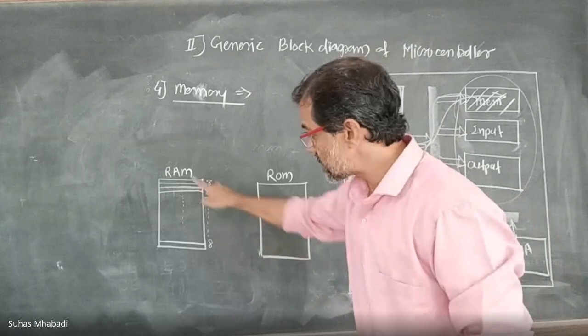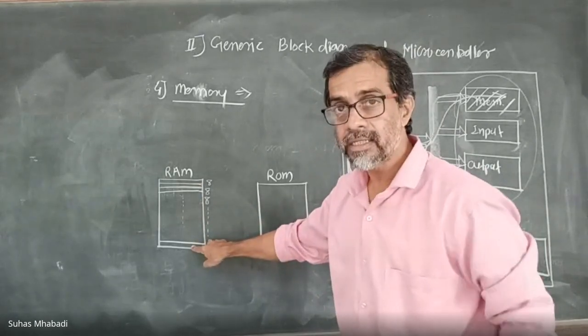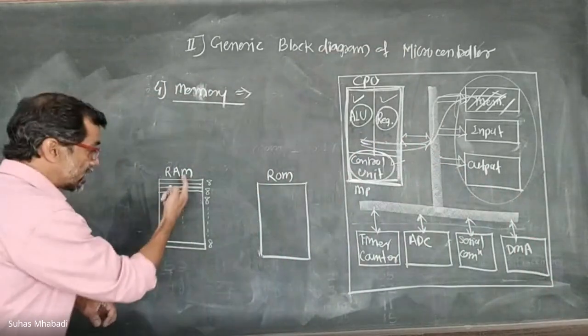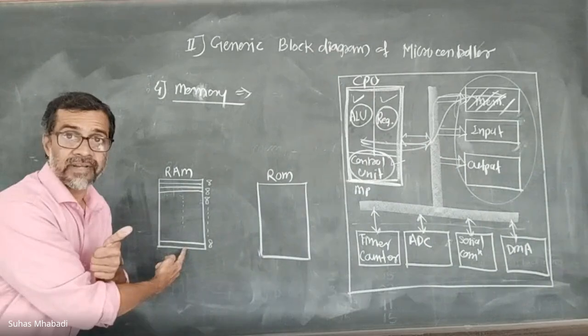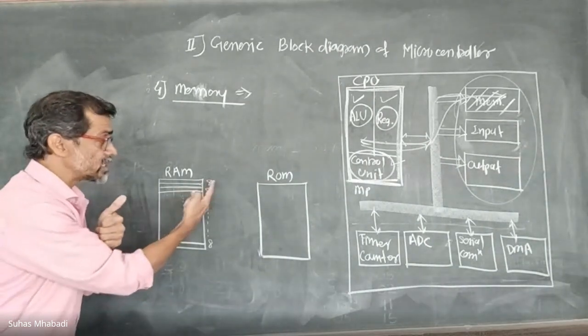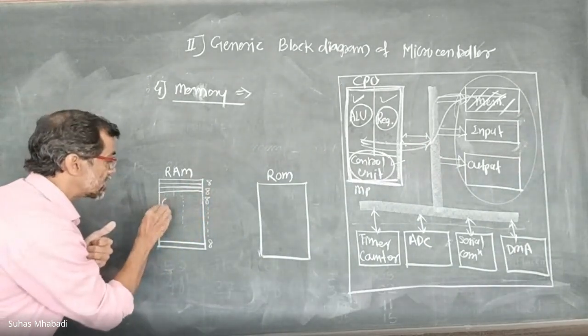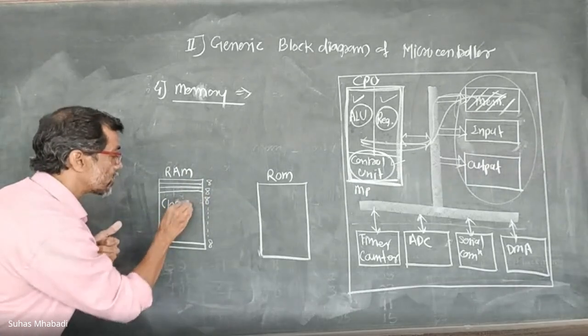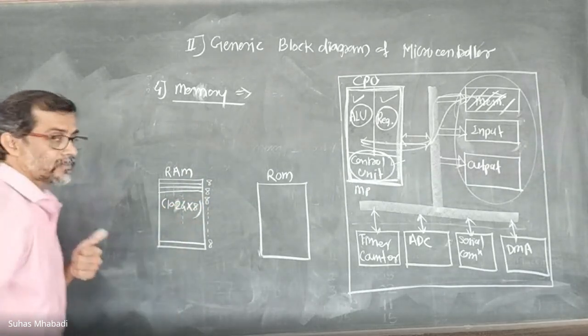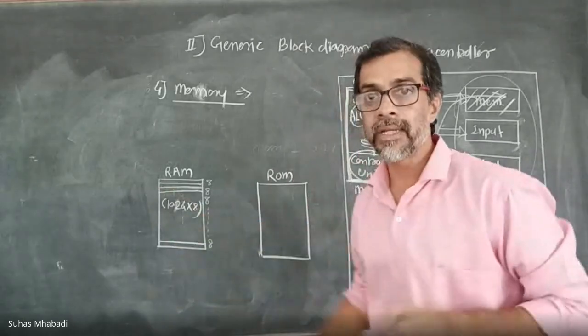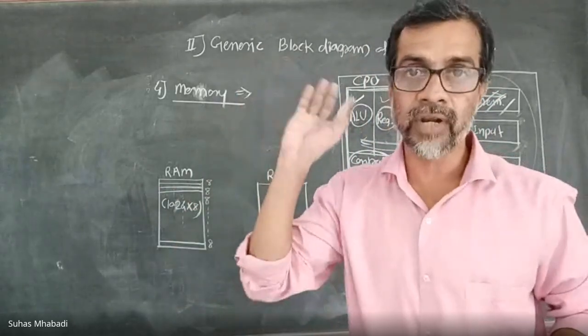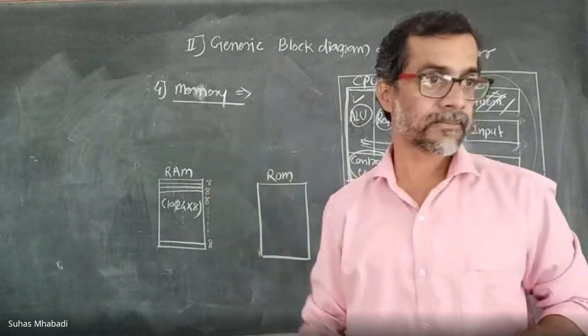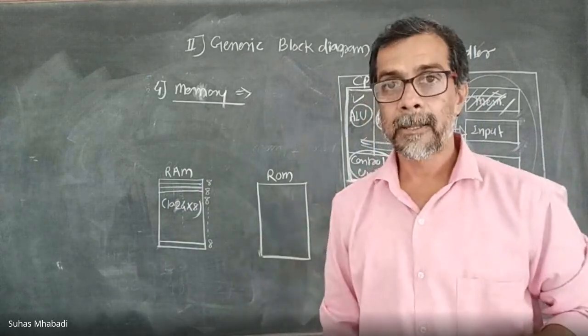So the size of this RAM is given by, suppose it has 1000 registers, each one 8 bit. I can write this as 1024 into 8. It means in my memory we have 1024 registers, each one of them 8 bit.